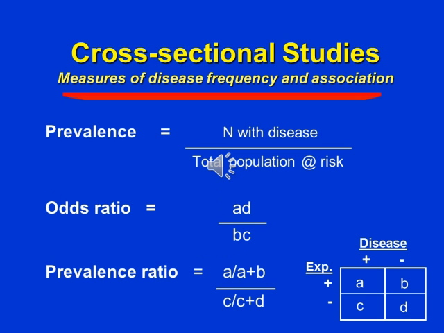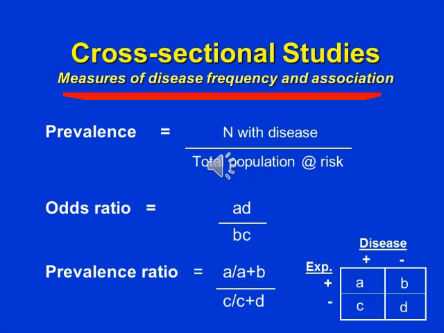In terms of the measures of disease frequency and disease association that we can calculate from a cross-sectional study, the measure of disease frequency is prevalence, and that's often the reason we actually conduct a cross-sectional study, is because we want to find out what the prevalence of a given disease is. This is measured as the number with disease over your total population at risk. Your total population at risk is typically all of the people who you've enrolled in your study.